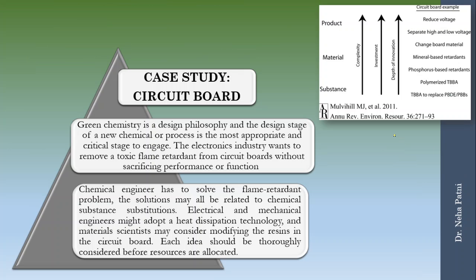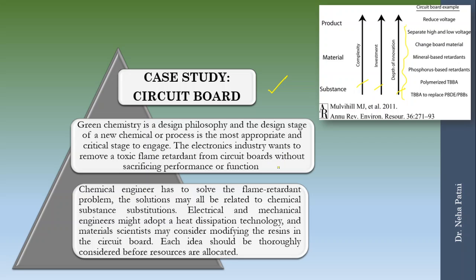Coming to the second case study, which is related to circuit boards. As we know, circuit boards have a coating of toxic flame retardant, which is a problem. But if you want to change that flame retardant without sacrificing performance, there are many factors which come into the picture: complexity, investment, depth of innovation, and then there are certain materials which you can use.